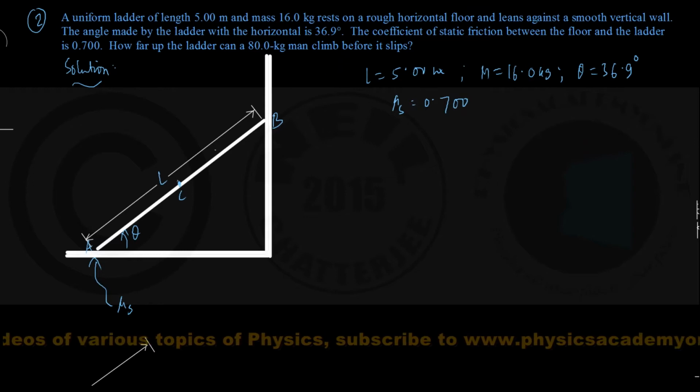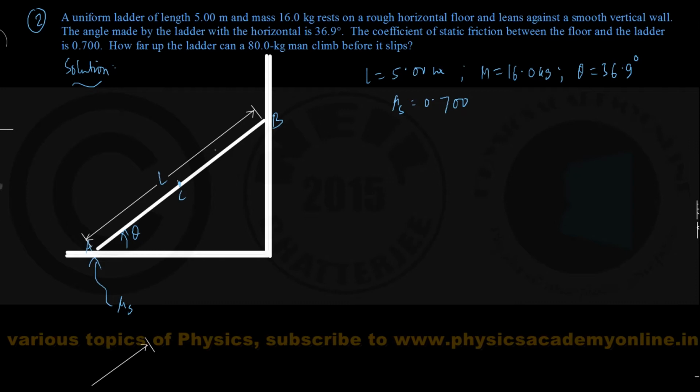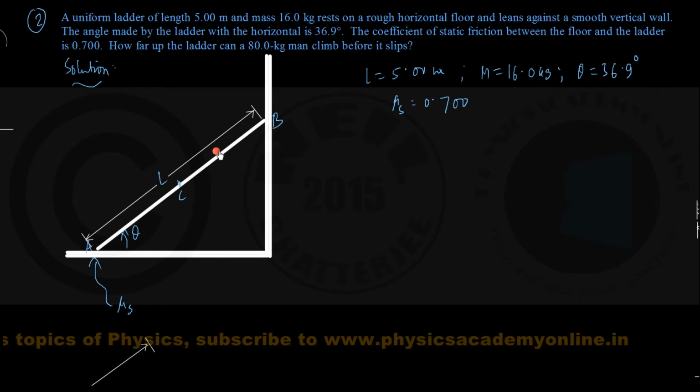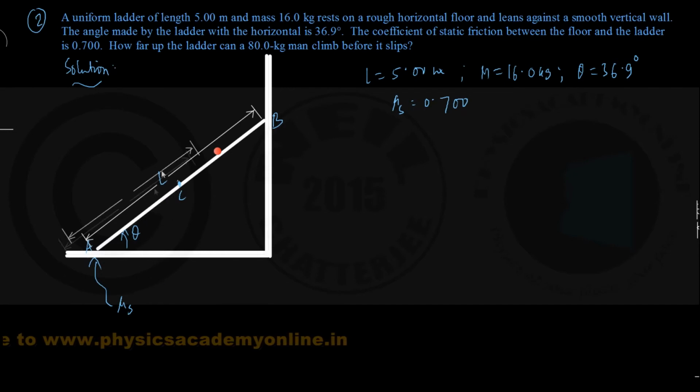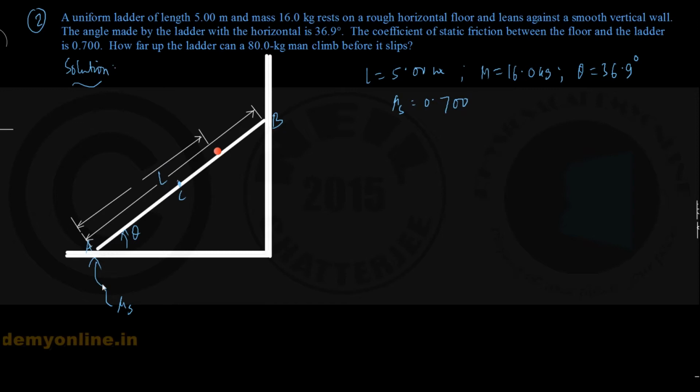So let me show here an arbitrary position of the man up the ladder. This is shown by this red dot. This red dot represents this man. And suppose at any given time, the man has climbed up to a distance of x, measured along the length starting from the foot A of the ladder. So the distance is taken to be x, a variable quantity because the man keeps on climbing, and at a certain point, the whole ladder plus man system begins to slip.